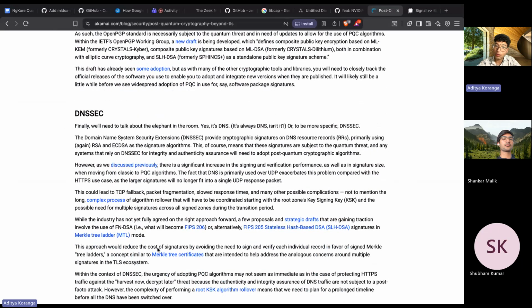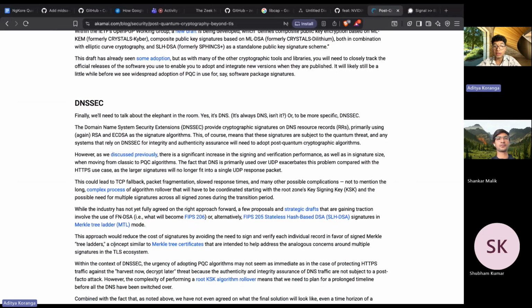Now for resolving these, they're saying we will use FN-DSA 206, SLH-DSA, or SLH-DSA included in a Merkle tree ladder. And this is interesting. This is not related to Merkle tree certificates, it's a Merkle tree ladder. The concept is a signed Merkle tree ladder, similar to Merkle tree certificates, but different from that.